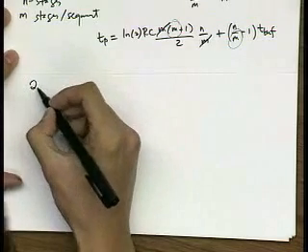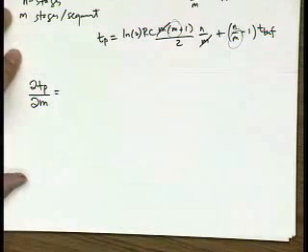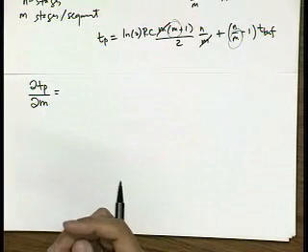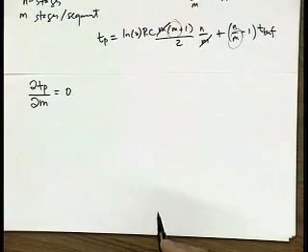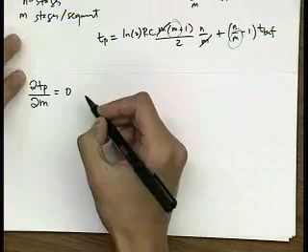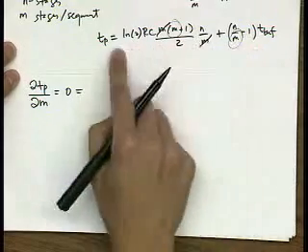We know that it's just taking the partial derivative of the delay t_p with respect to m, and then equating that to 0. And what's the partial derivative of this with respect to m?